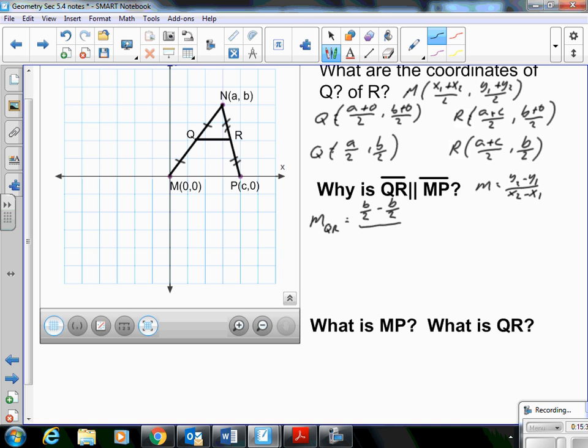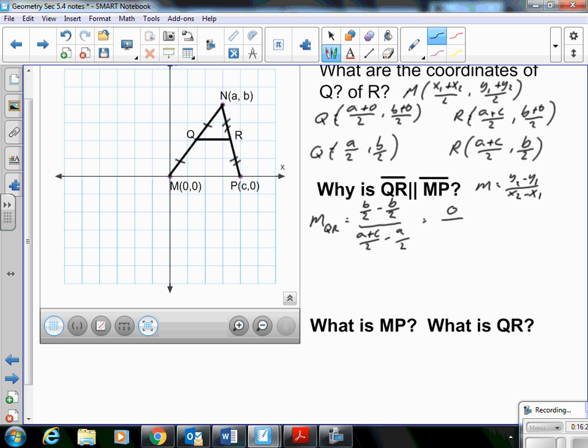And then for the x's at the bottom, it's a plus c over 2 minus a over 2. b over 2 minus b over 2 is 0.